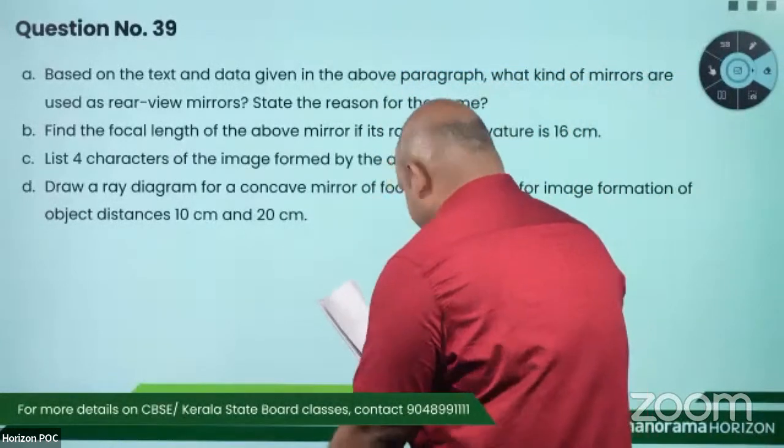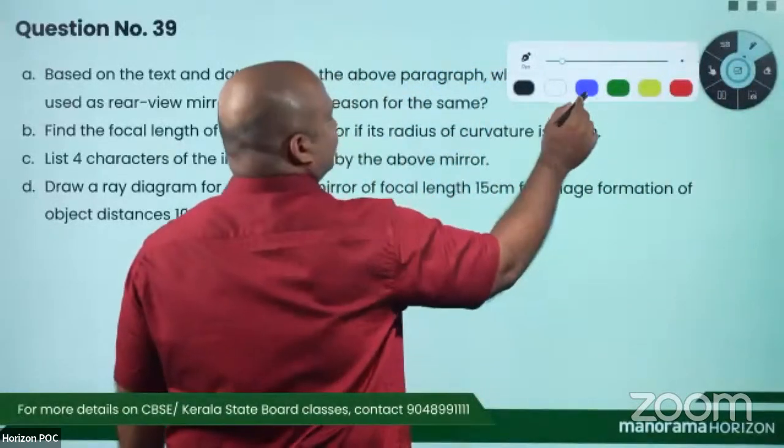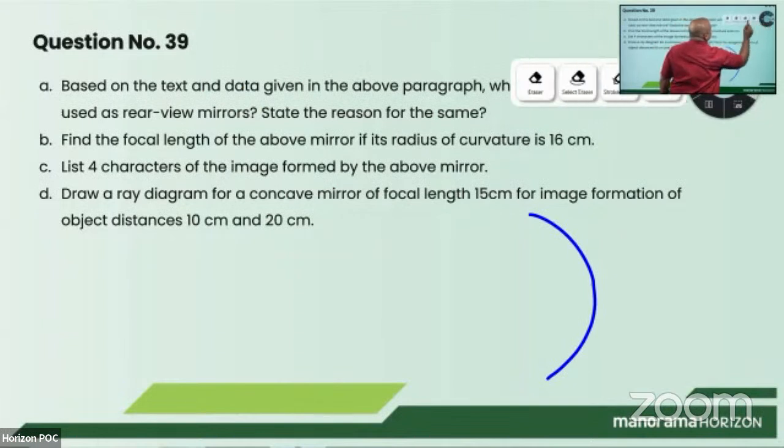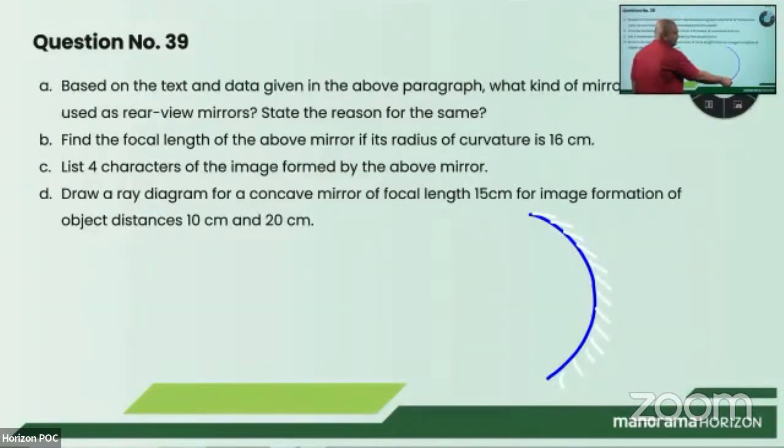So here we have a concave mirror. So this is the silvered surface. This is the inner reflecting surface. So the object will be placed somewhere here.